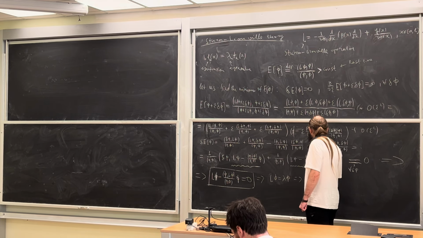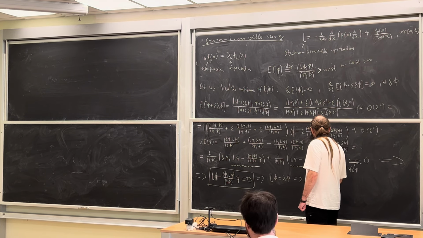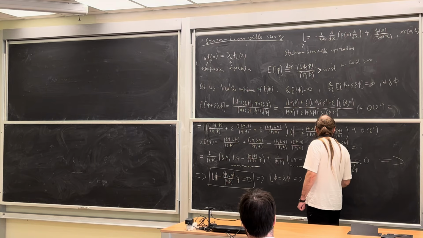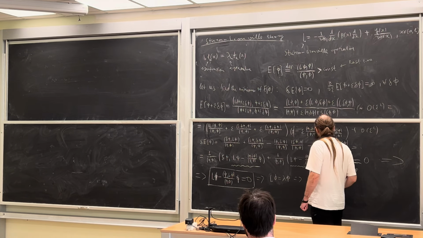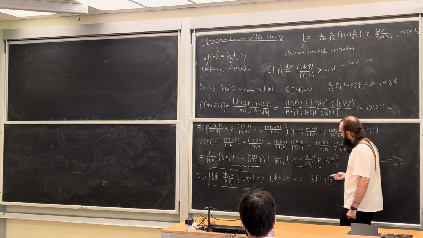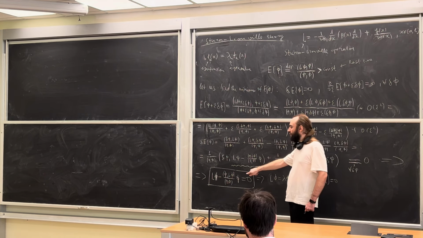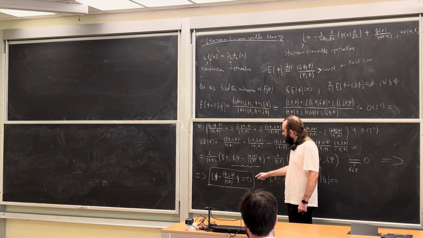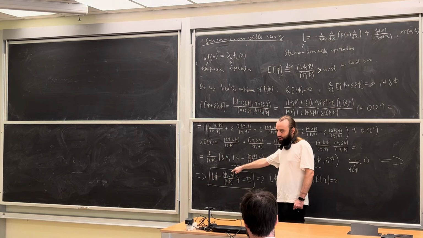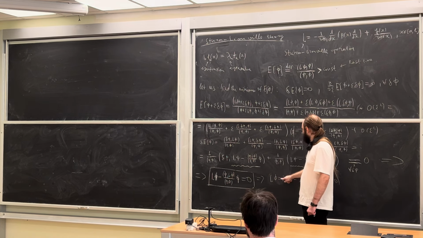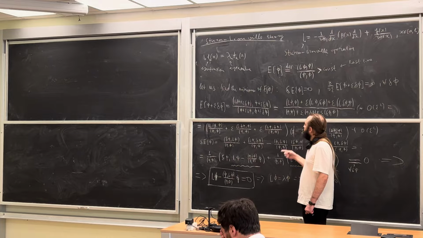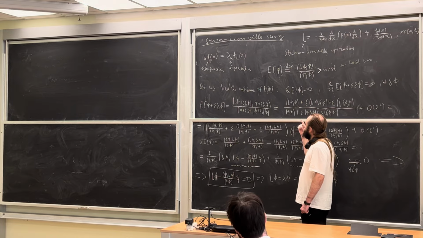So we can say that the variation of E of psi 1 equals 0. Well, in principle, this equation has solutions for all eigenfunctions. This phi can be any of the psi n's.